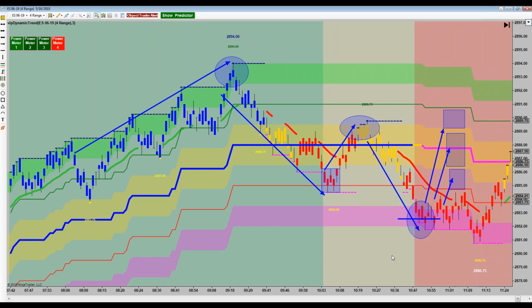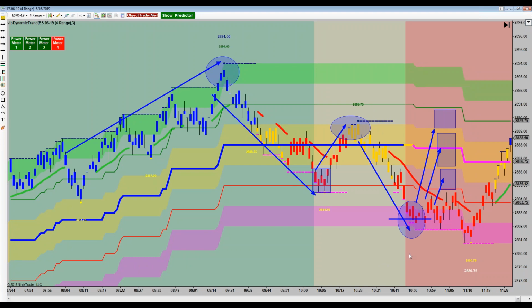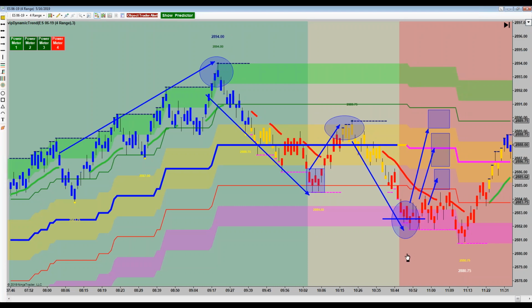Running in sand, whatever. All right, there's 11:24. 11:27, still on this morning. Today is Thursday, the 16th of May. There's 11:31.